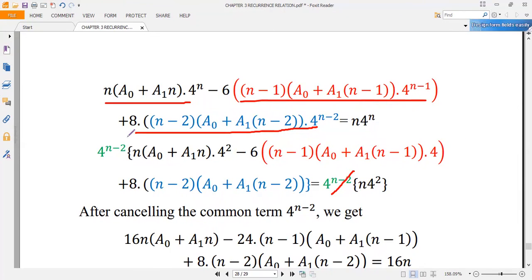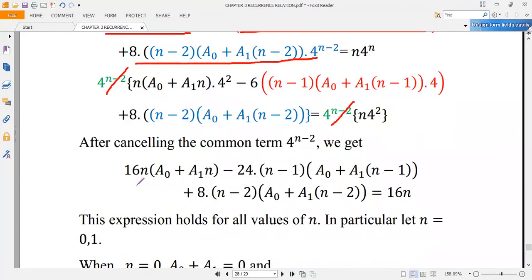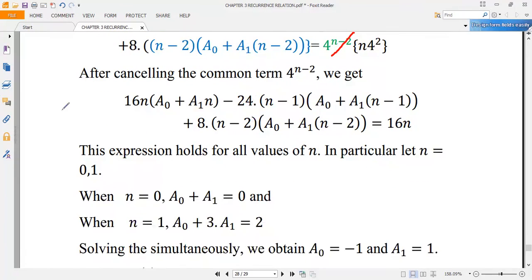So cancelling the common values, you will get this equation: 16n times (a0 plus a1 n) minus 24 times (n minus 1) times (a0 plus a1 (n minus 1)) plus 8 times (n minus 2) times (a0 plus a1 (n minus 2)), which is equal to 16n.